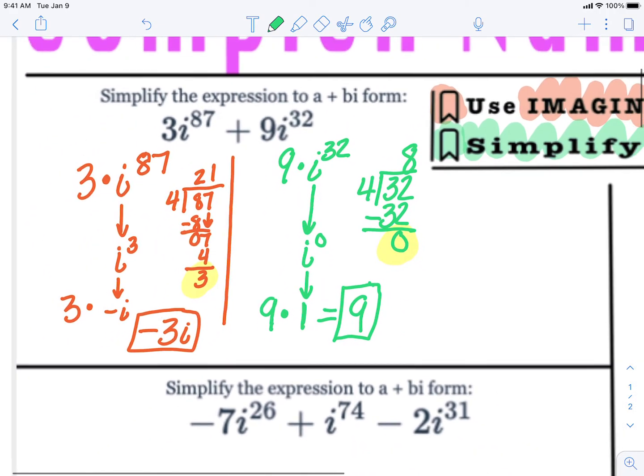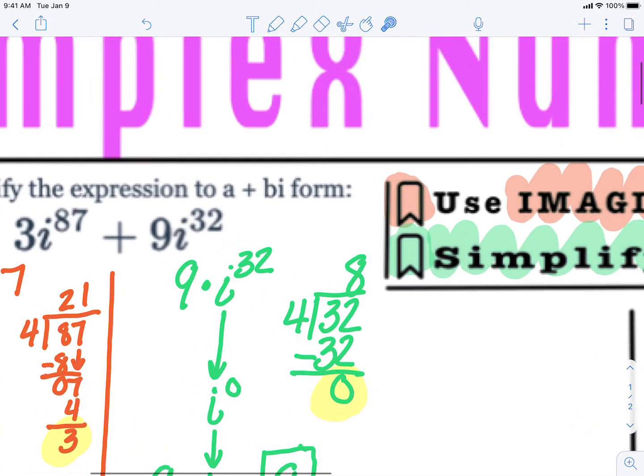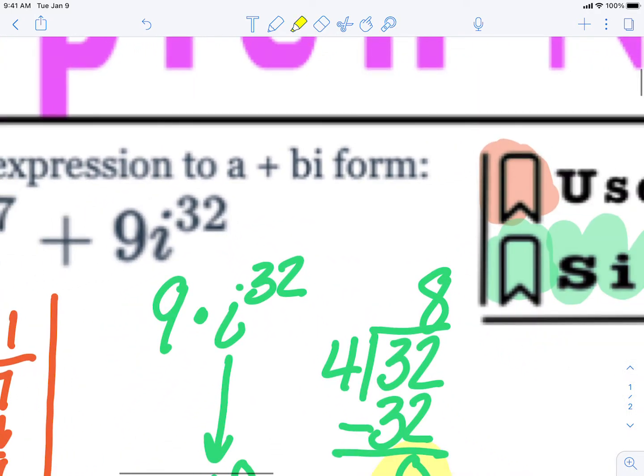So now I want to bring my 2 solutions together, kind of like putting a puzzle together. But let's not forget that the question wants it in a plus bi form. A is a regular number.